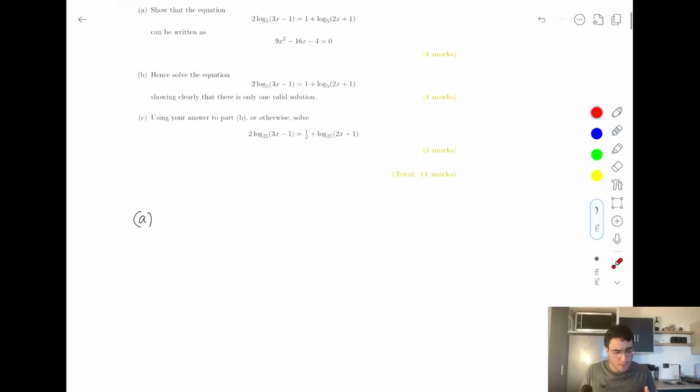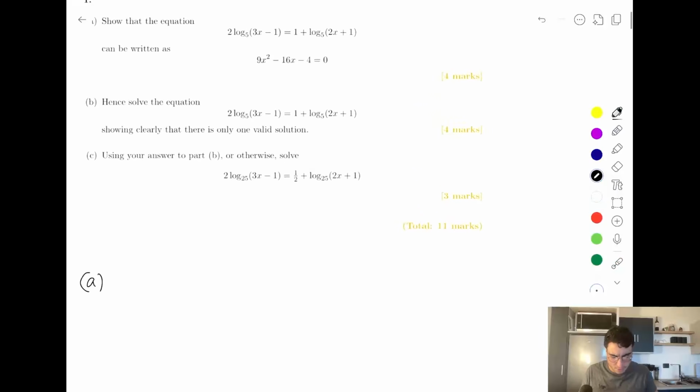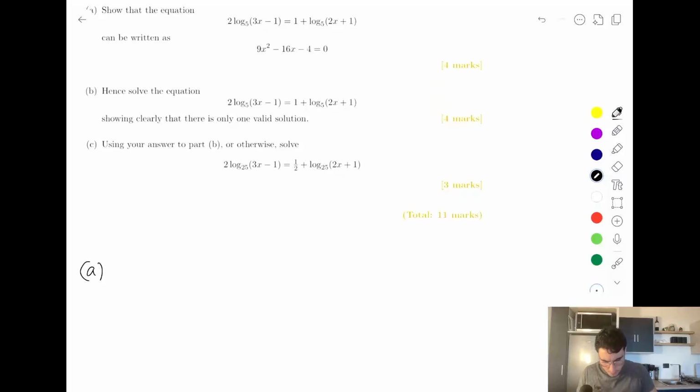So the way we can do that is I can say, well, look, I can say that we have log 5 (3x minus 1) squared, okay, vis-a-vis the power rule. And that's going to equal 1 plus log 5 (2x plus 1).